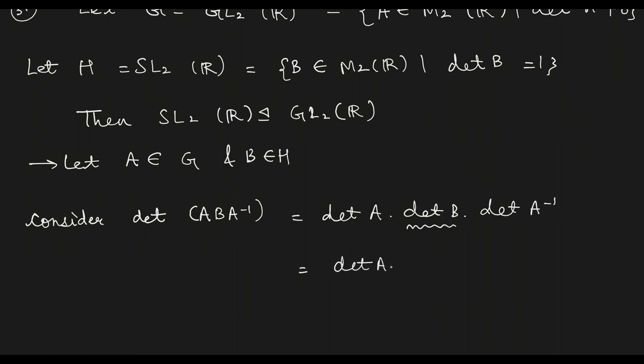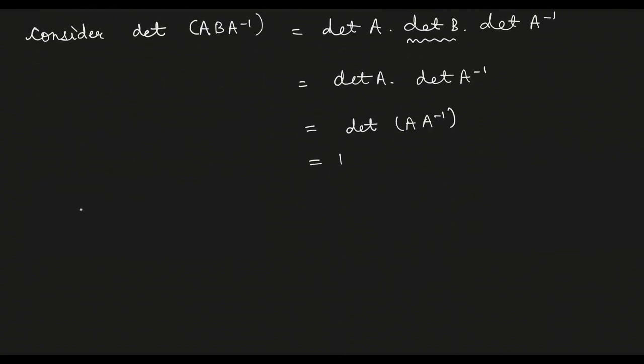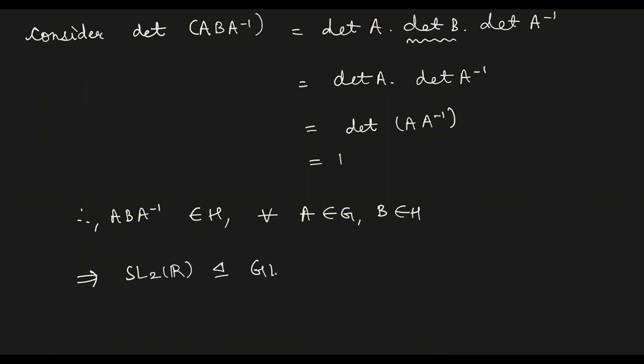Determinant of A into determinant of A inverse is determinant of A A inverse. So this is 1. So clearly A B A inverse belongs to H for all A belongs to G, B belongs to H. So SL2(R) is a normal subgroup of GL2(R).